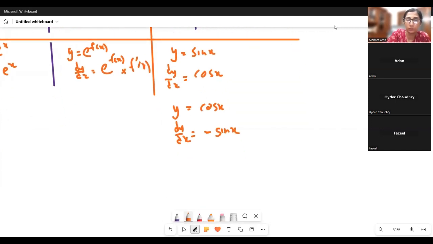And when y equals tan x, then the derivative of this is secant square x. All these basic formulas are given in the formula sheet.